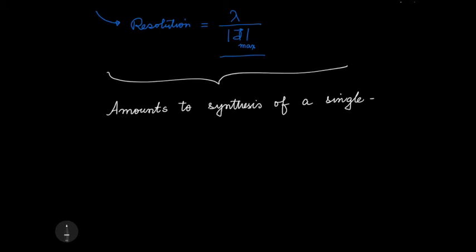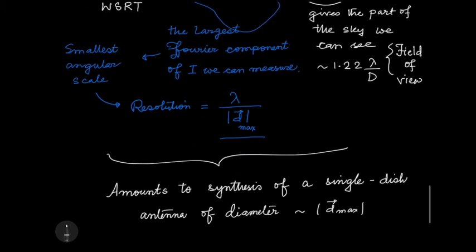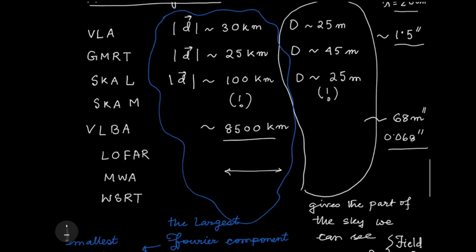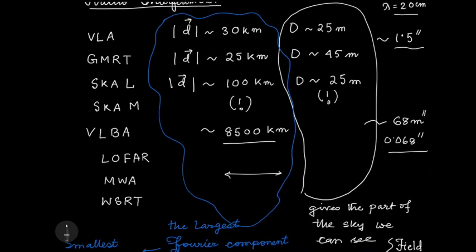Synthesis means I do not really make it, but make use of a complicated technique, the technique of radio interferometry, to get the same result as that of a single dish antenna of diameter D_max, which is the largest separation between the two antenna pairs. So for VLBA, it is 8,500 kilometers.